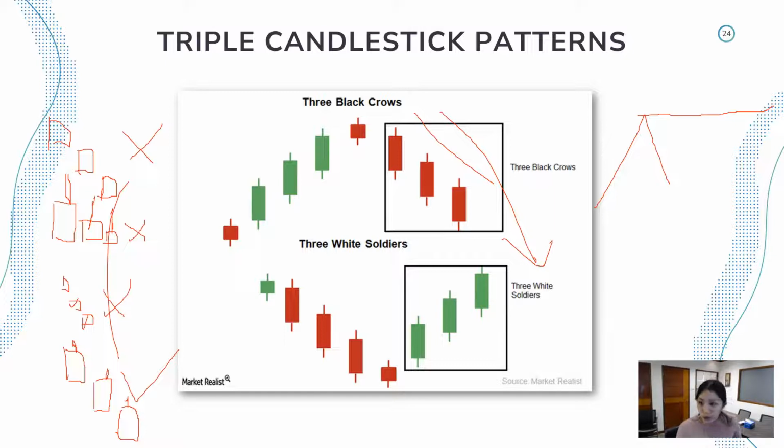Okay, next will be the white soldiers. Similar to the three black crows, we need fully grown soldiers and not baby soldiers here. If it's like this, the same, with a long wick, this is definitely not okay.